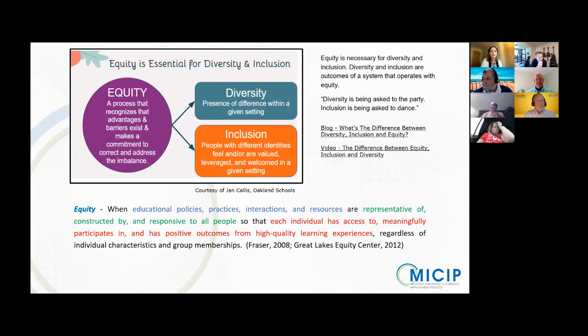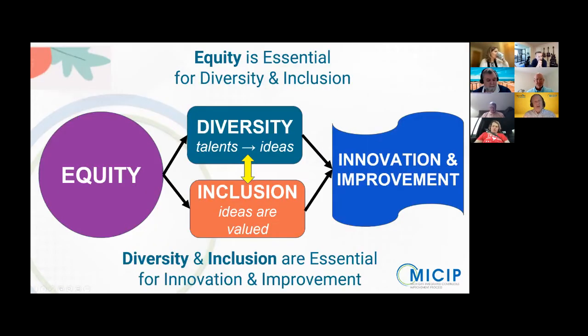And this definition really is a little bit closer to the work that we are all engaged in terms of the educational setting.